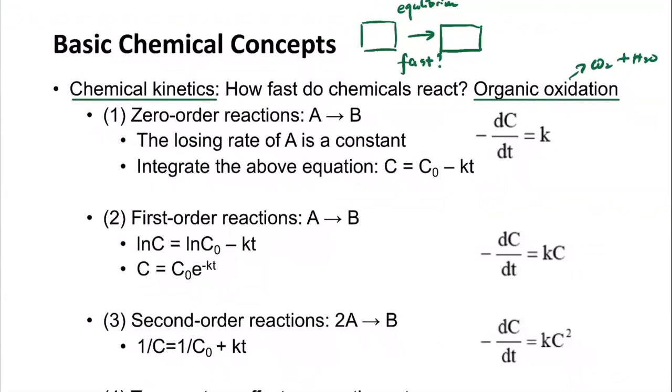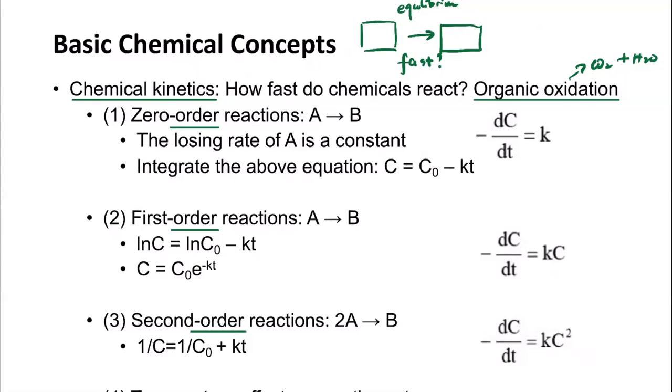Okay, so based on the reactions, we can categorize them according to their order. Okay, so we can have the zeroth order reaction, first order reaction, or second order reaction. Okay. So the meaning of the order here is mainly to describe how fast the reactants are being consumed.